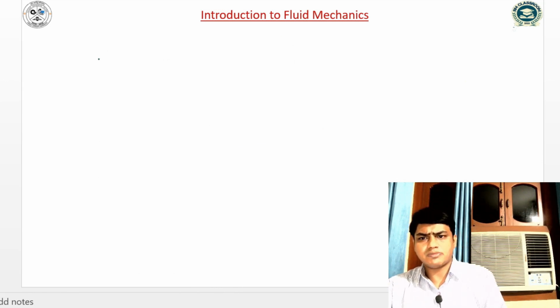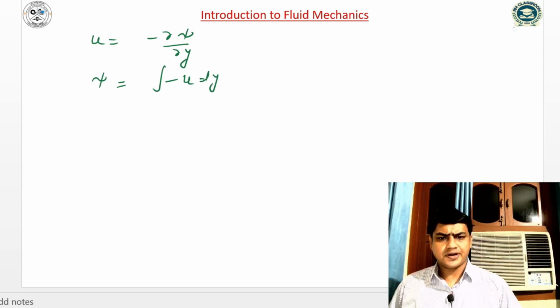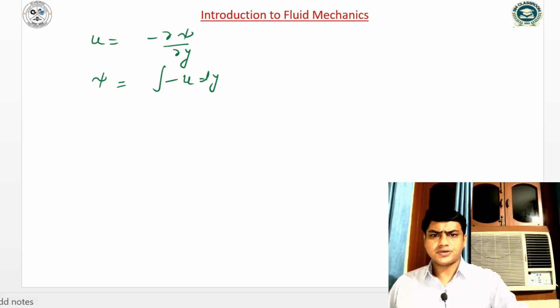Similarly, the stream function can be computed. So u is equal to minus del psi by del y, so psi is equal to minus u into dy. If I integrate this function, we can write psi is equal to minus u into dy.